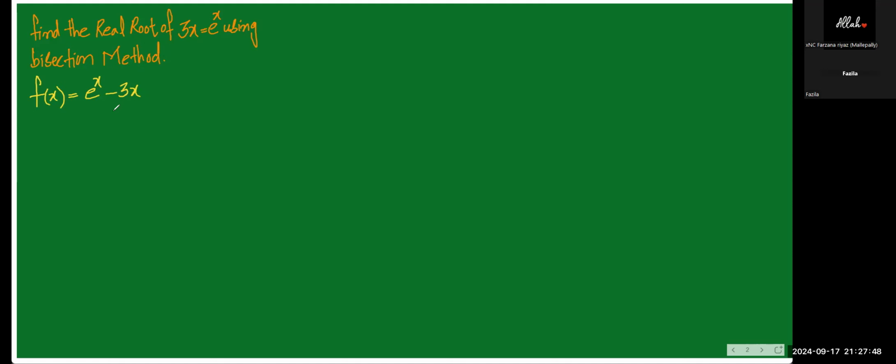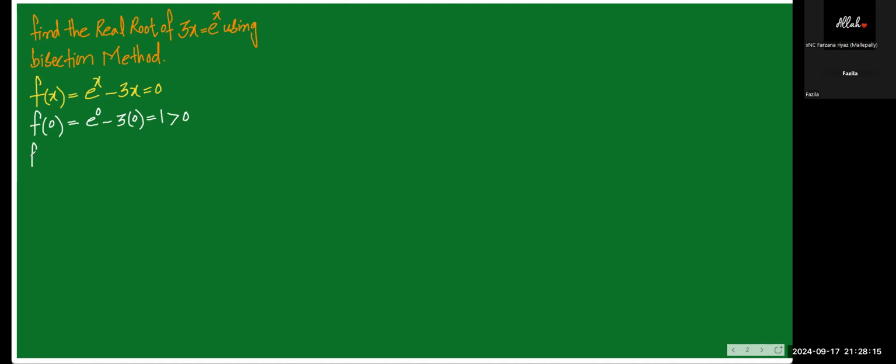E power x minus 3x is equal to 0. Then we start working, that is by assuming that we can always start with f of 0 here. F of 0, that is e power 0 minus 3 into 0, which is equal to e power 0 is 1. So answer is positive.